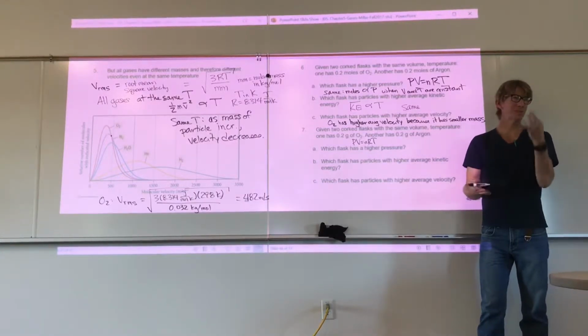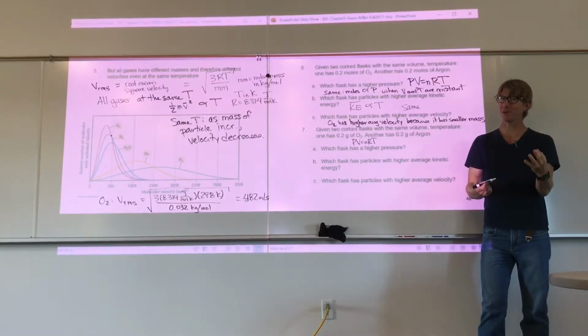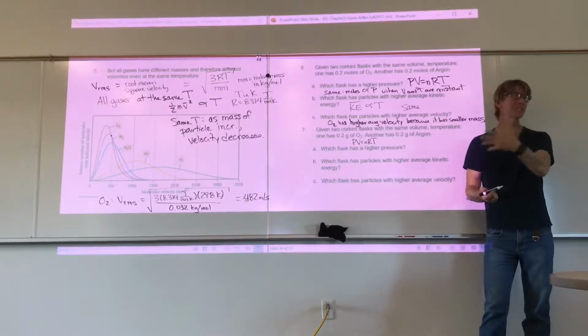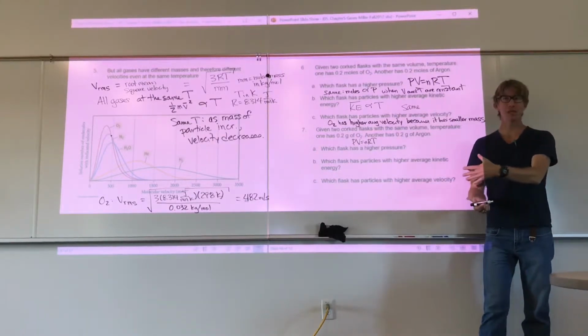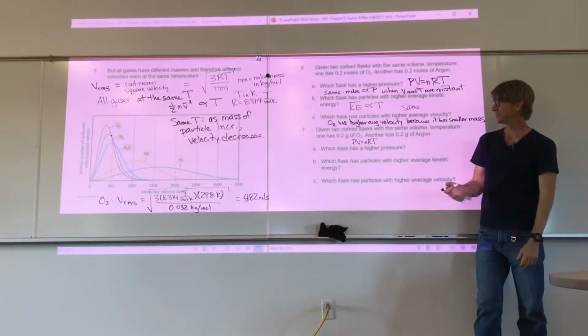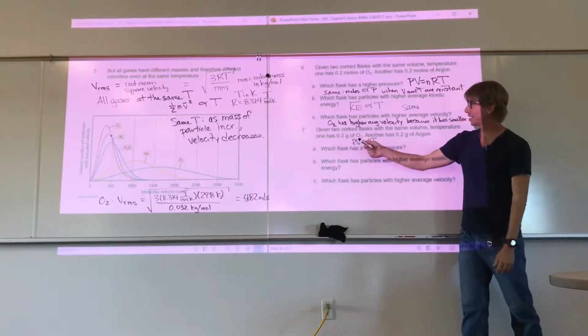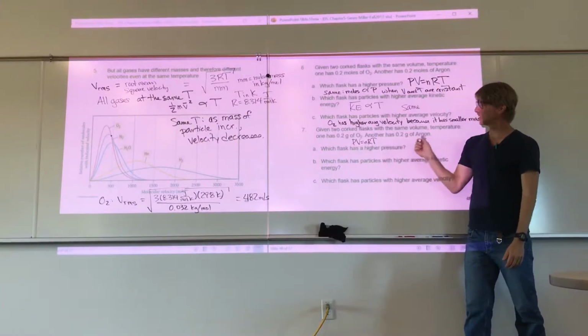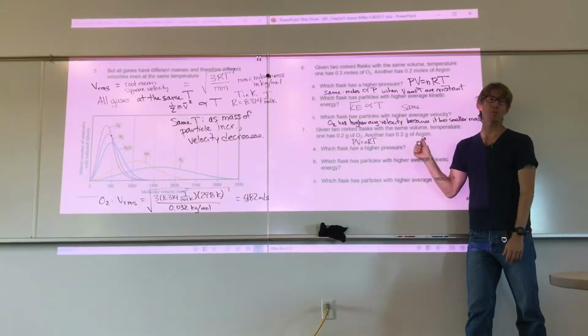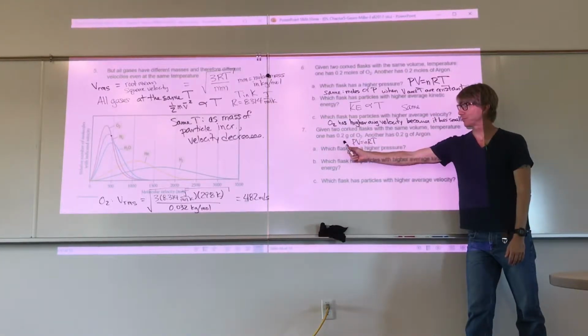And then, of course, there's way 3, which is brute force memorization. But there is so much to memorize in this class that I would suggest you try plan 1 or plan 2. Anyway, if you have the same mass, we just said that argon had a larger molar mass. Therefore, you're going to have more moles of oxygen.